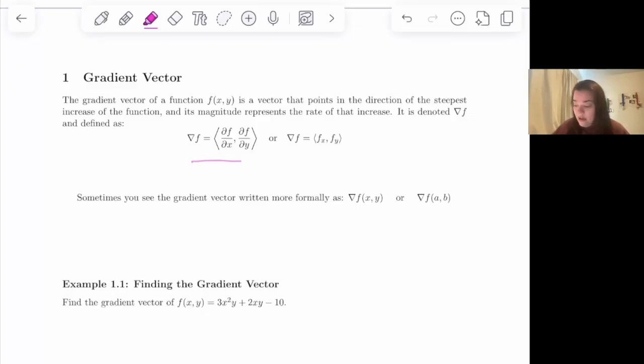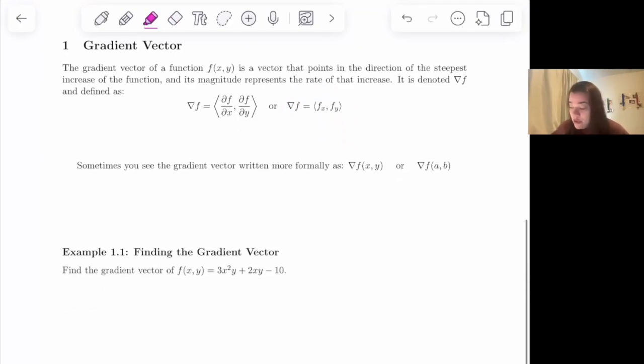It is the first partial derivative with respect to x in the x position of the vector, and then the first partial derivative with respect to y in the y position. So there it is, using the partial derivative notation, and then here's the notation with f sub x and f sub y. This is actually my preferred notation, it's a little bit cleaner, but they both say the same thing.